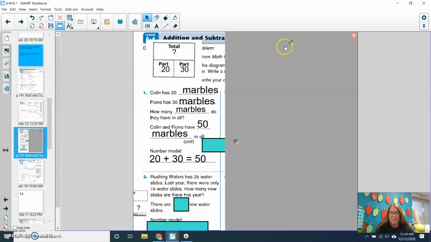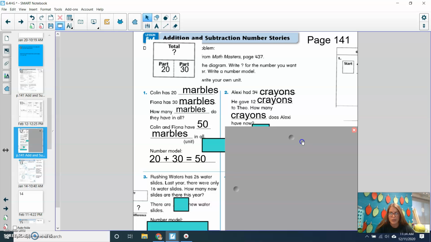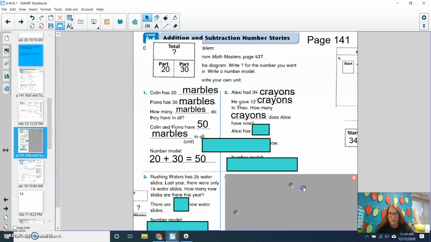All right, second graders, let's take a look at question number 2. Question number 2 is very similar to question number 1. And so I chose crayons, but you could have picked anything you wanted. So I'll pronounce her name. Alexa had 34 crayons. Oh, Alexi maybe had 34 crayons. He gave 12 crayons to Theo. How many crayons does, I'll just say Alex, have now?